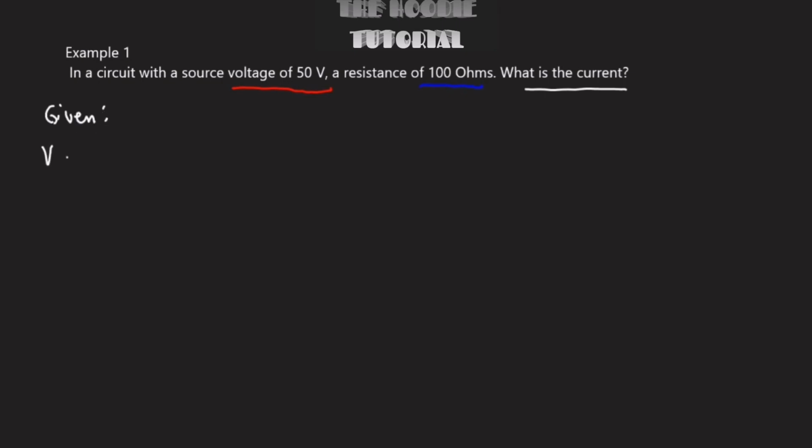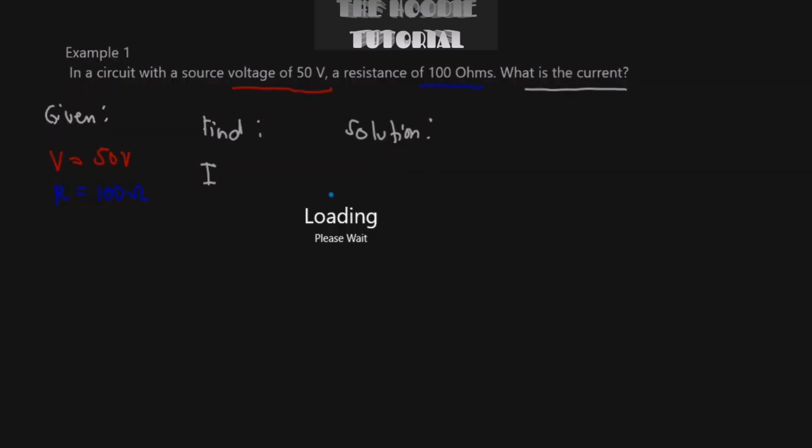We have voltage, let's call that into red. Voltage is equal to 50 volts, and then the resistance is equal to 100 ohms. So all we need to do is to find the current I.